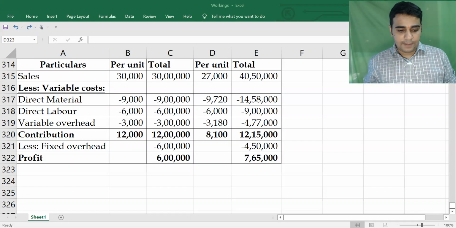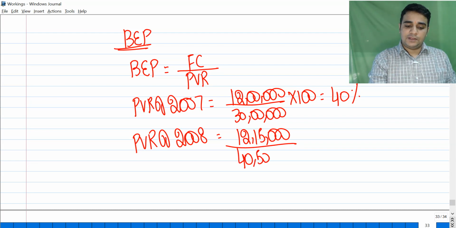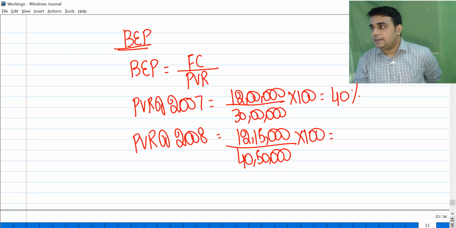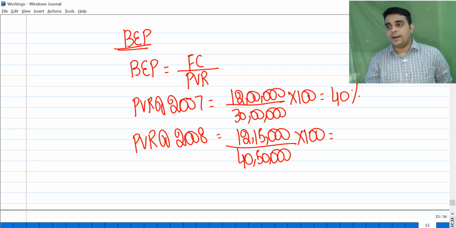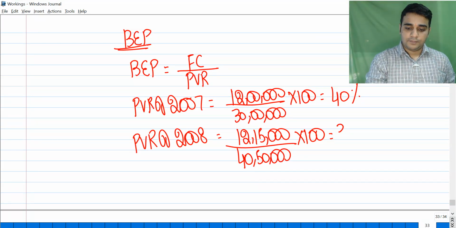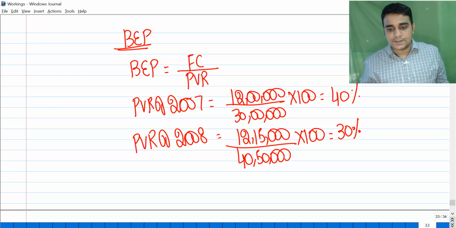PVR of 2008, I am not looking at the per unit number itself, 12 lakh 15 by 40 lakh 50,000 into 100, which is 30%.